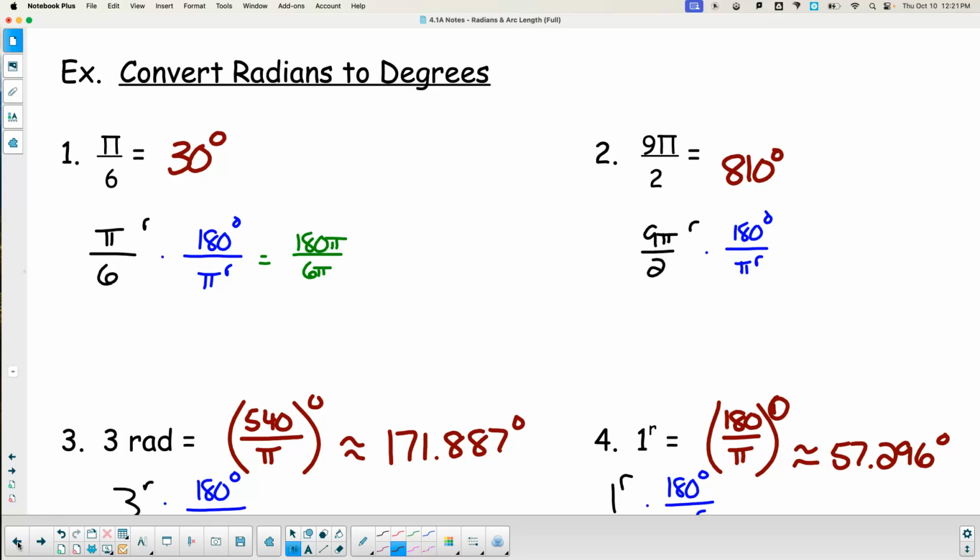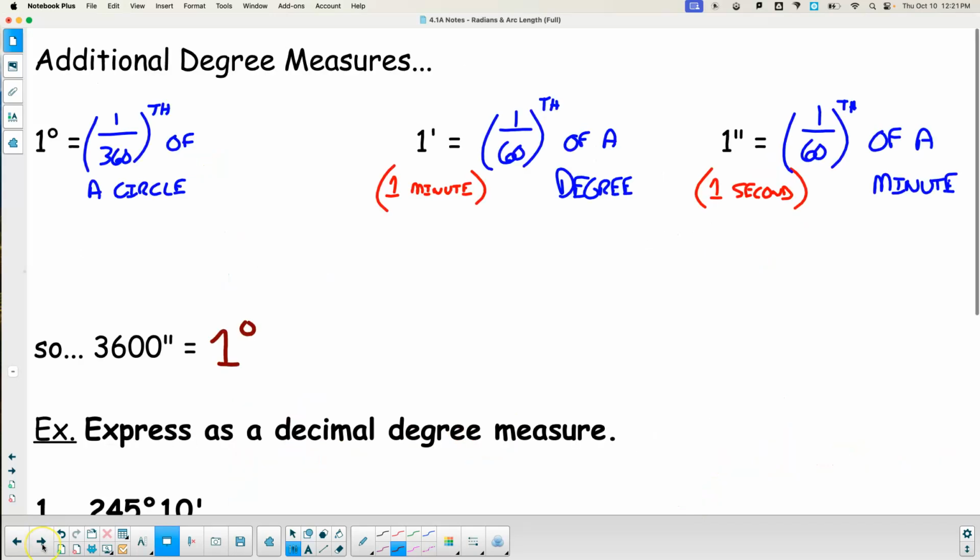Okay? 171.887 is a decimal degree of that particular angle. That's a decimal degree. The other form is something called degrees, minutes, and seconds. You need to know how to convert between the two.